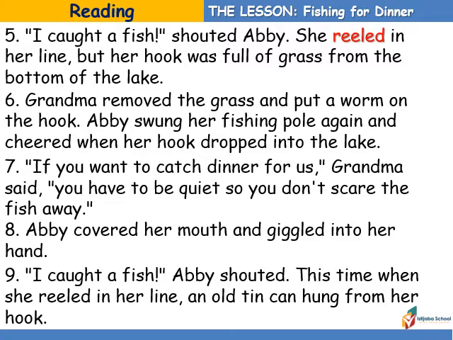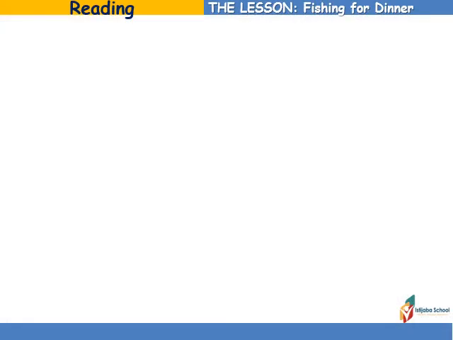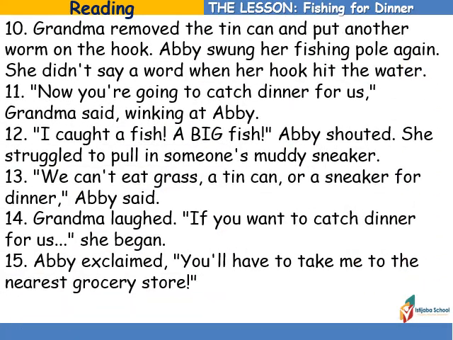Abby covered her mouth and giggled into her hand. I caught a fish, Abby shouted. This time, when she reeled in her line, an old tin can hung from her hook. Grandma removed the tin can and put another worm on the hook.